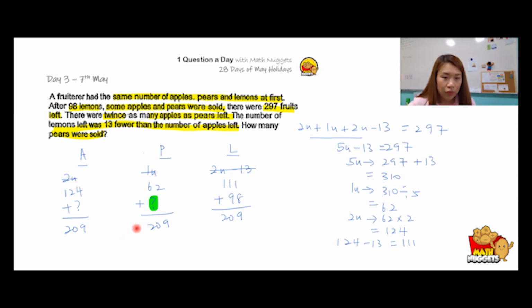So from here, we're able to find the pears sold by taking 209, which is the number of pears at first, minus 62, which is the pears in the end. So we get 147. That's the number of pears sold.